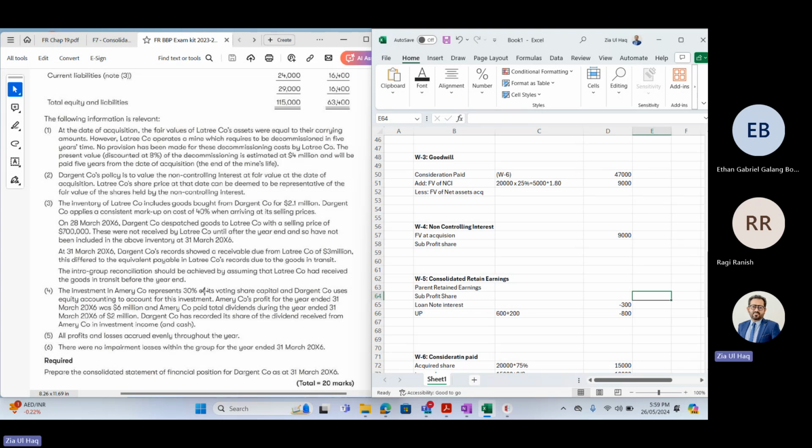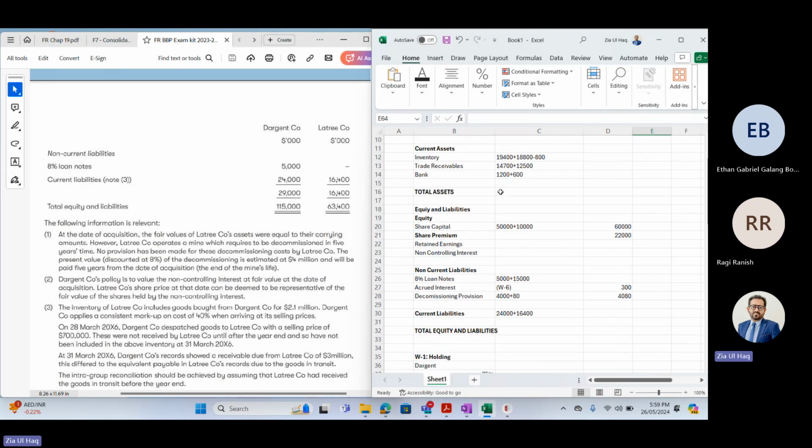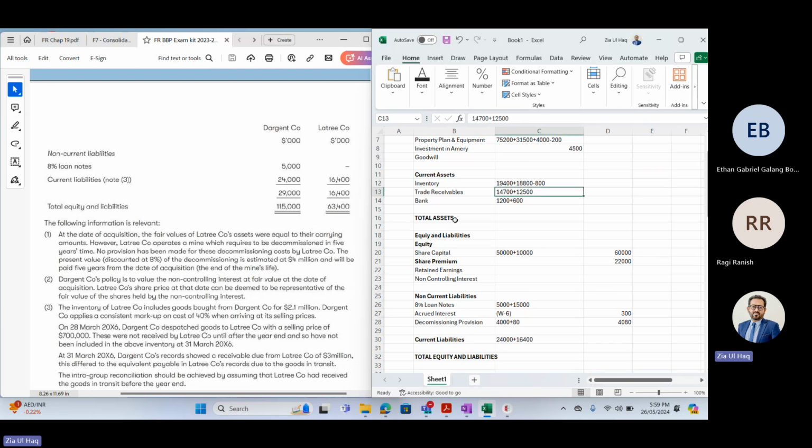The intergroup reconciliation should be achieved by assuming that Latrey company had received the goods in transit before the year end. So let's adjust receivable first. From receivables, we need to reduce how much? 3,000.